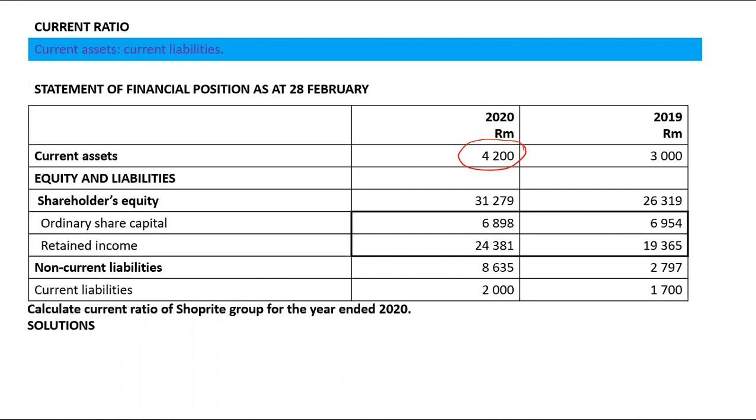Now, because of this M here, it will be 4,200,000,000. M means that you have to put 6 zeros after that value. We good?